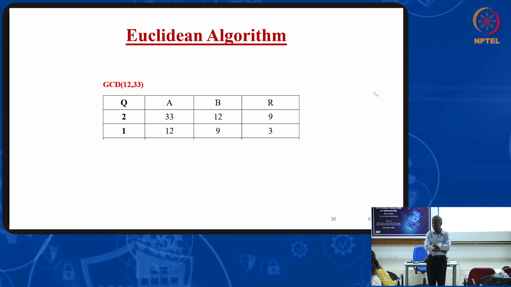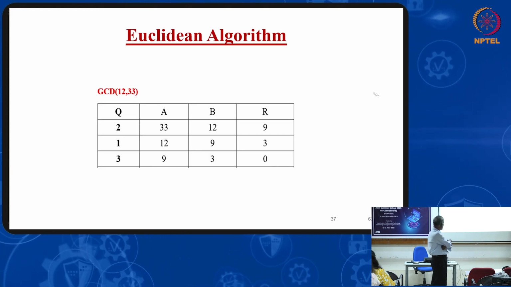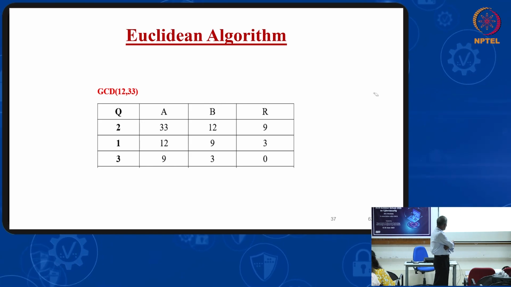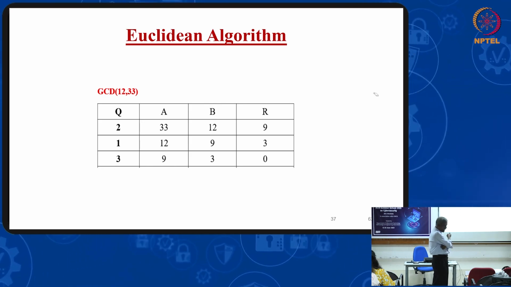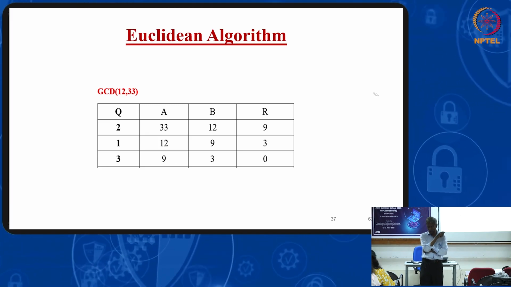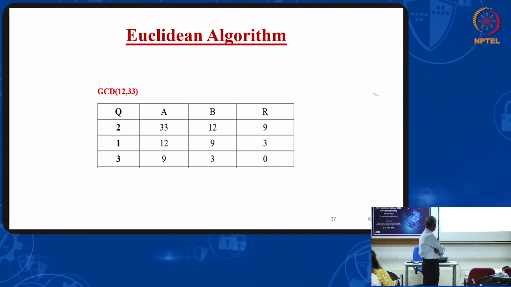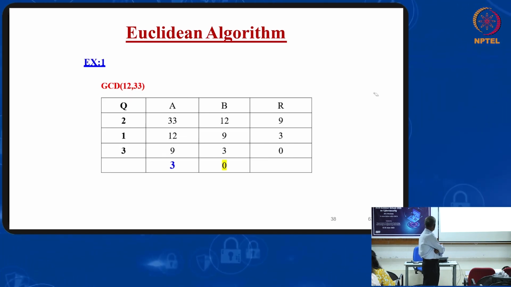Remainder is 3. So we write that. Like this, if you proceed, finally you get 0. Now the final B value which is not 0 is the greatest common divisor. So the greatest common divisor is 3.